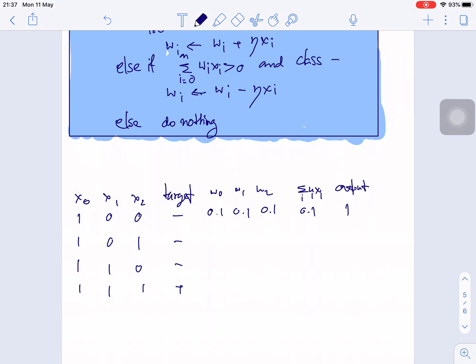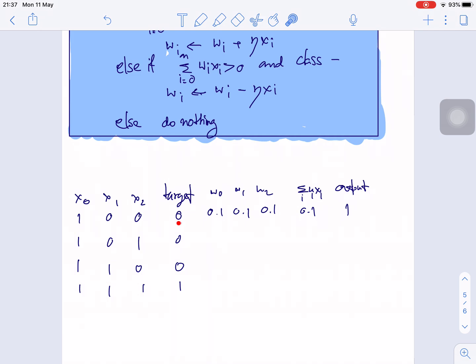So in this case, you may use 0, 0, 0, 1. That's fine. The negative class is 0 and the positive is 1. So you can see that now in this case, the target is 0. The summation of wixi is greater than 0, right?